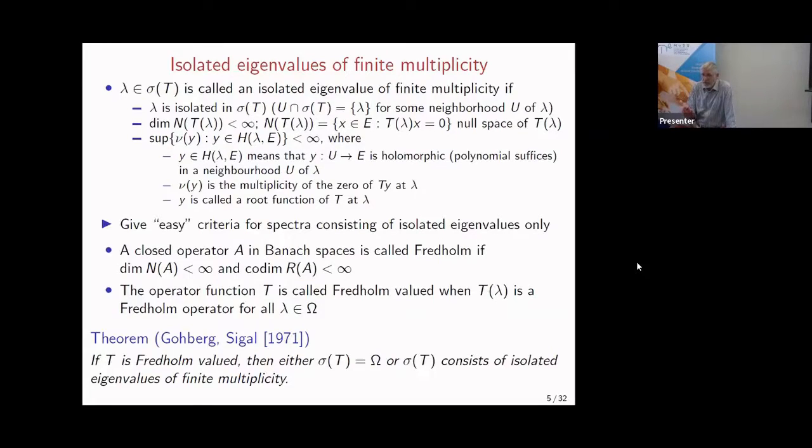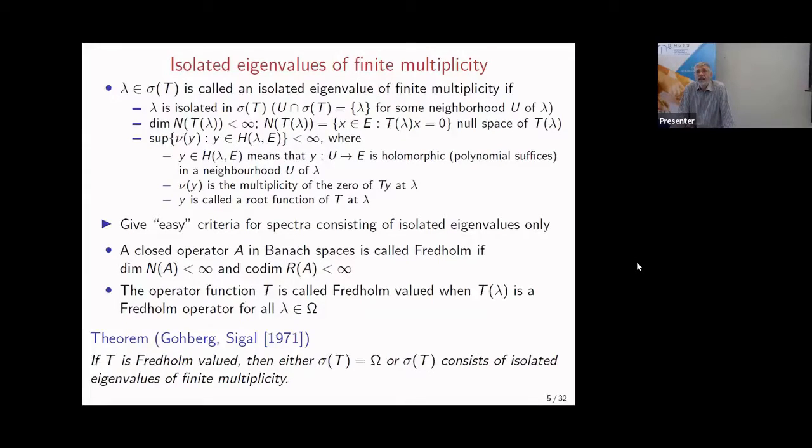What does it mean? T is a holomorphic operator function, y is a holomorphic vector function, so Ty is a holomorphic vector function. And then it will have a zero, because y is 0, then we have T of lambda x equals 0.